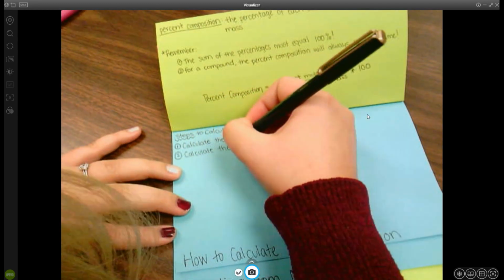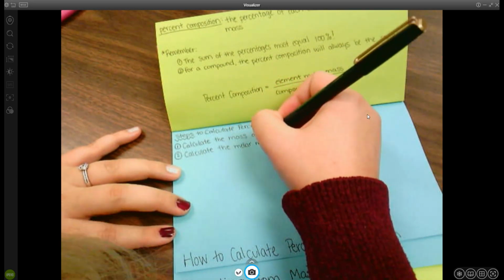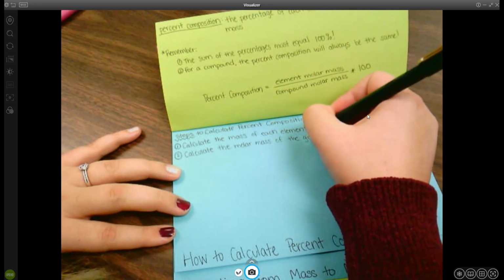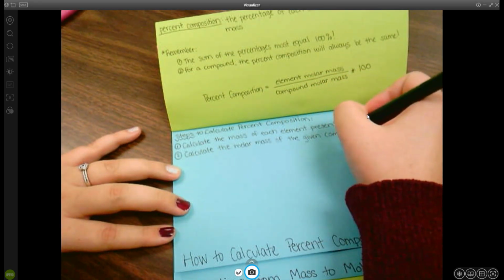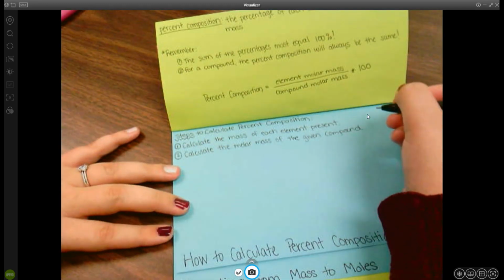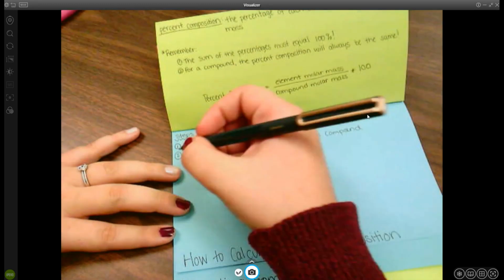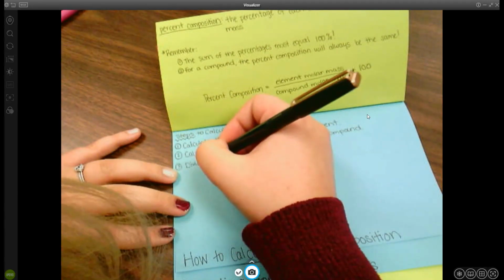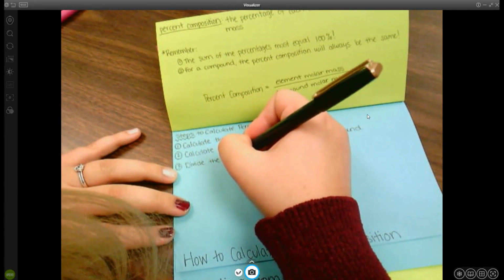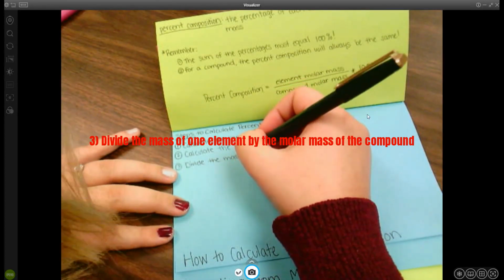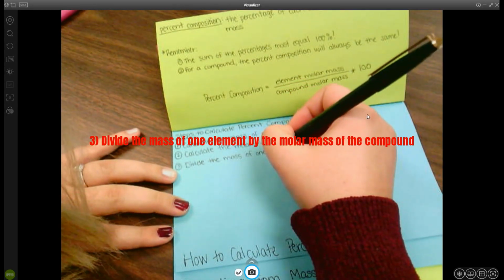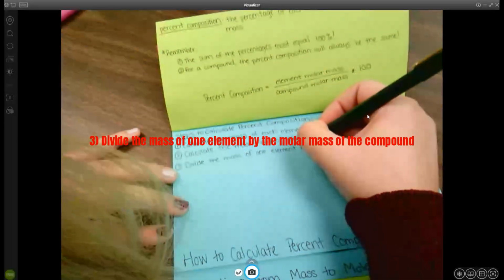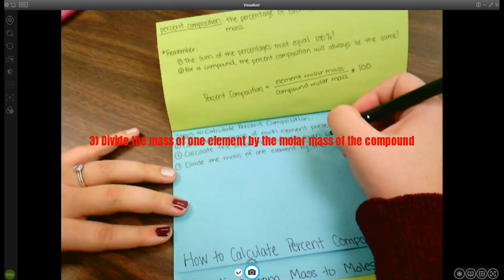Once you do that, step 3, divide the mass of one element by the molar mass of the compound.